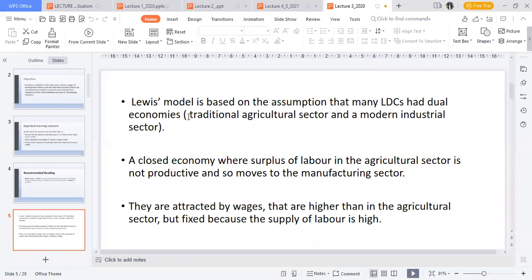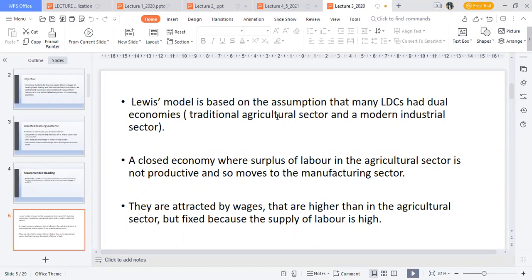Arthur Lewis, please write this for me. Arthur Lewis assumed that in any economy, there are two sectors: the traditional agricultural sector and the modern industrial sector. I repeat, the traditional agricultural sector and the modern industrial sector.